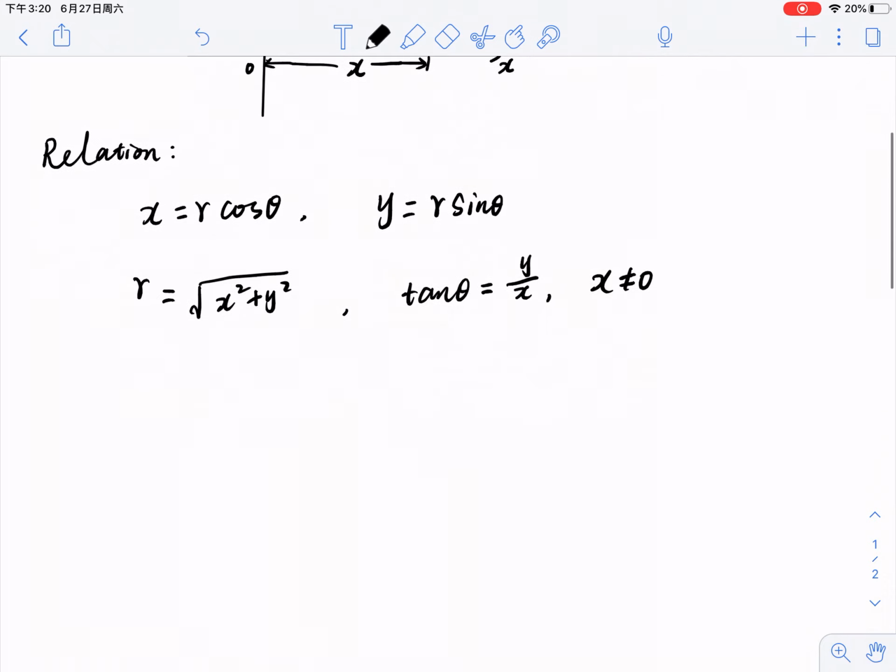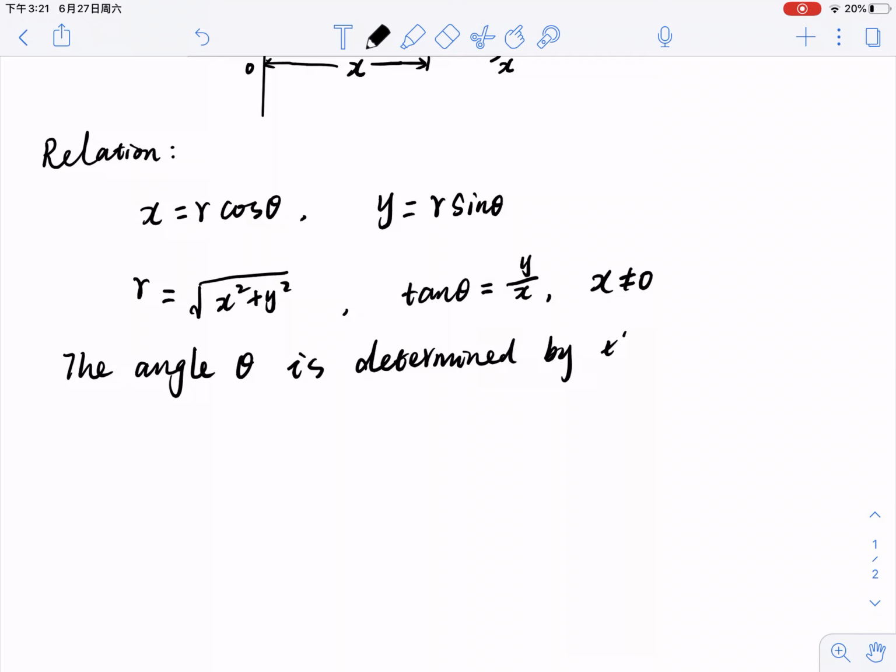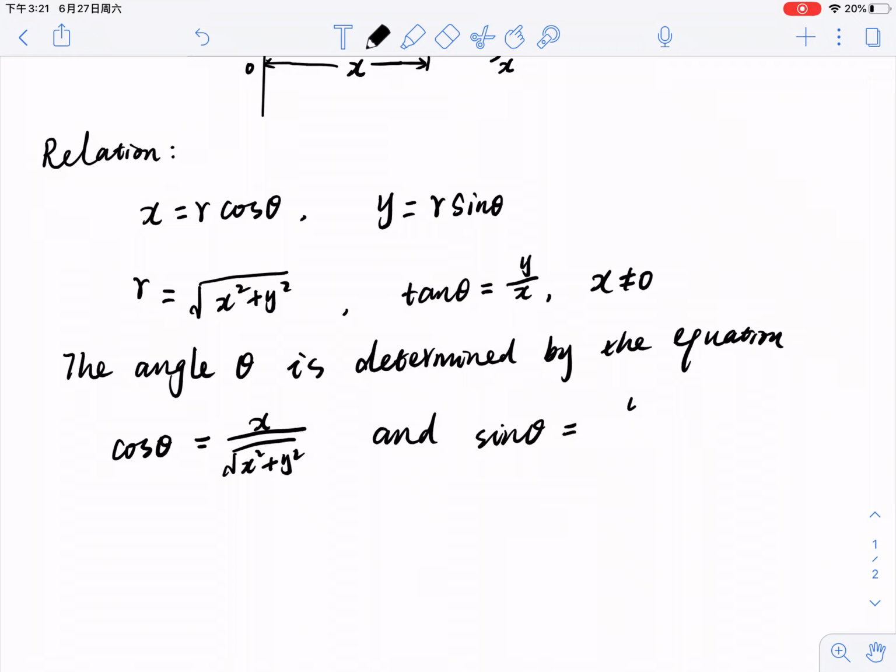The angle theta is determined by the equations cosine theta is equal to x over square root x squared plus y squared, and sine theta is equal to y over square root x squared plus y squared.